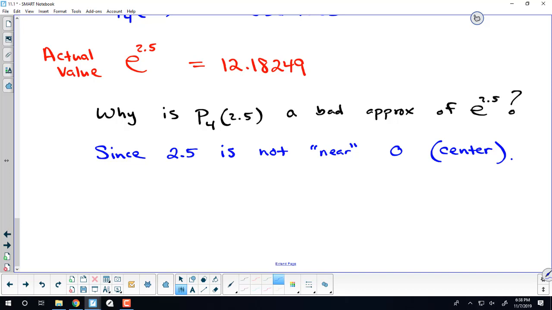But that's about as good as we can get right now anyways, we can just say near. So how could we fix this? Yeah, we can move our center.